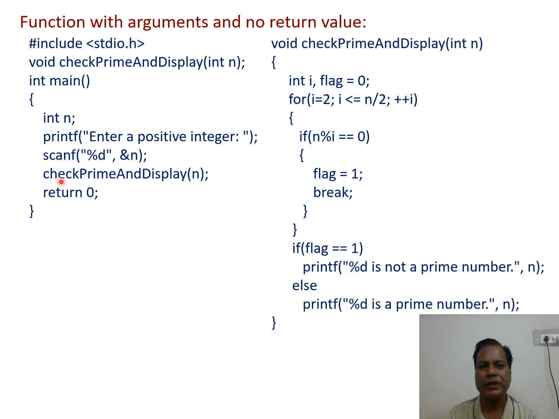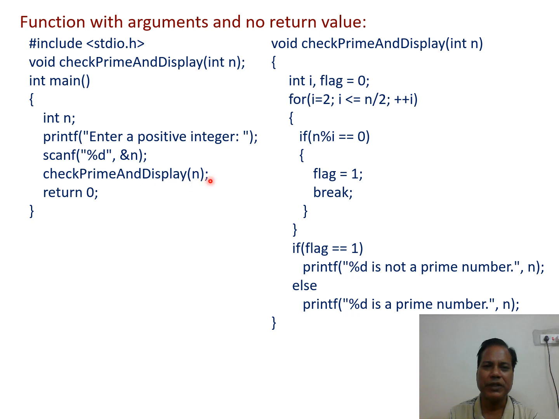Next statement, check_prime_and_display(n). The entered number in variable n is passed while calling this function.